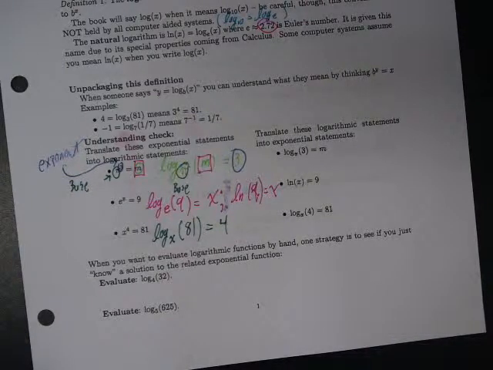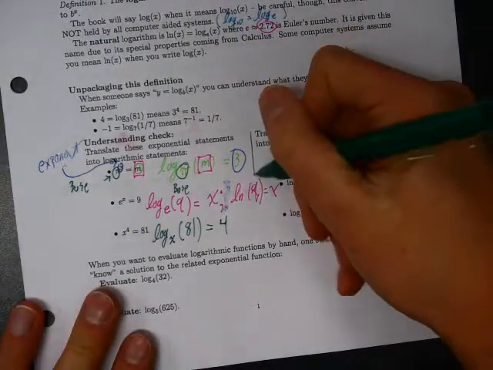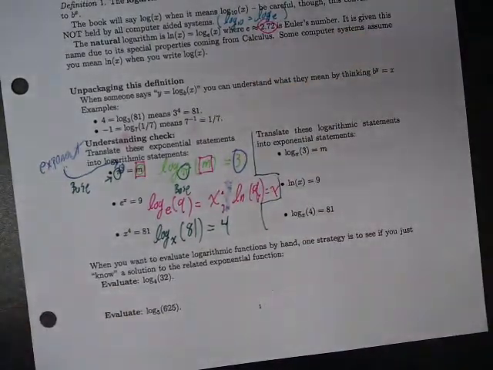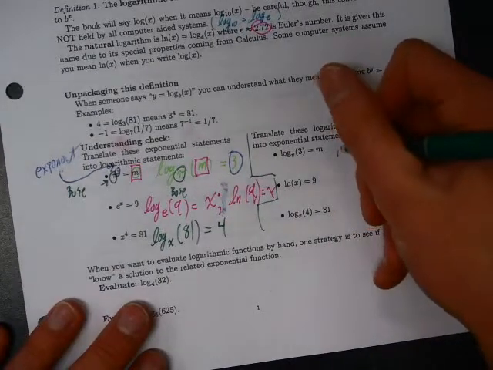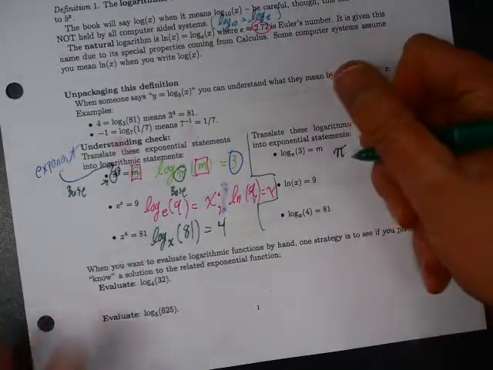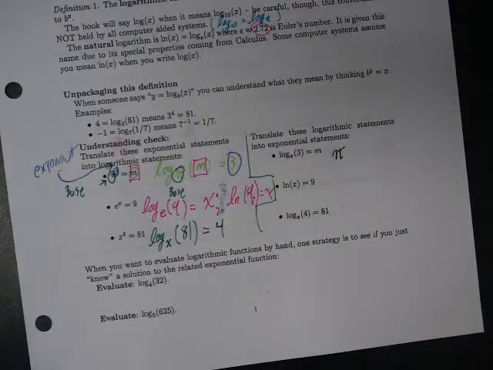Let's think about the other side. The translation goes back both ways. Log base pi of 3 is equal to m. What happens when you rewrite that in exponential form? Let's see, what's the base? Pi. What's the thing on the opposite side of the equation from the log? m.